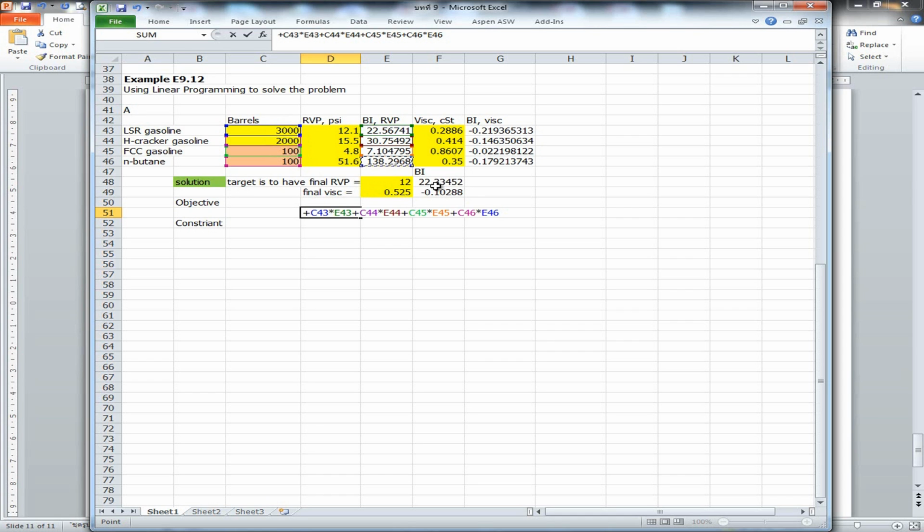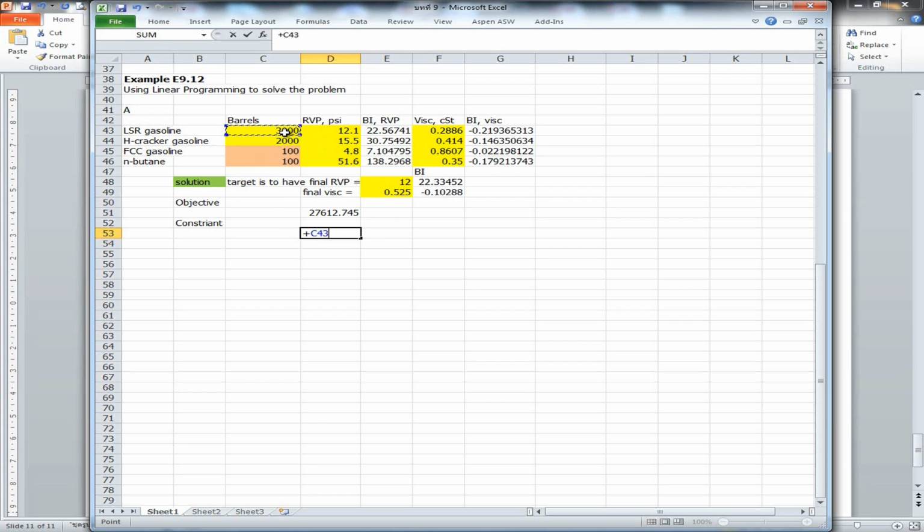Okay. So let's make it minus of this plus that plus this multiplied with the blending index. Okay. The same thing for the constraint equation, which we will make for the viscosity.